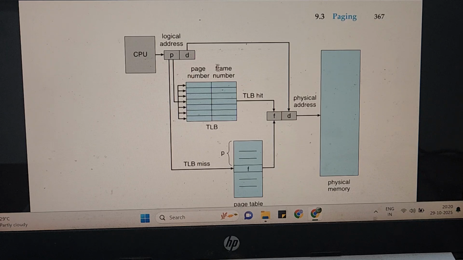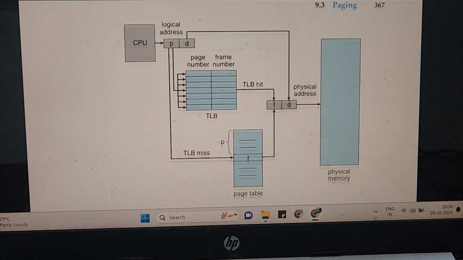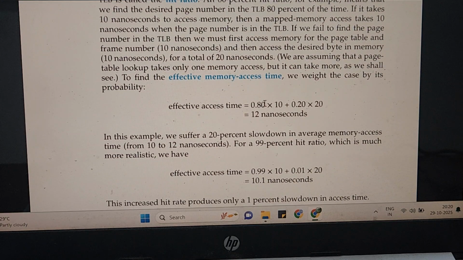So here you have 2 cases, right? Either you find the thing over here itself in your TLB itself, or it is a miss, so you have to go and check your page table. So these are the 2 scenarios. So the effective memory access time is hit rate into time taken for reaching from the TLB to your main memory, plus the other condition is miss rate into time taken if you want to search your actual page table and then go read.